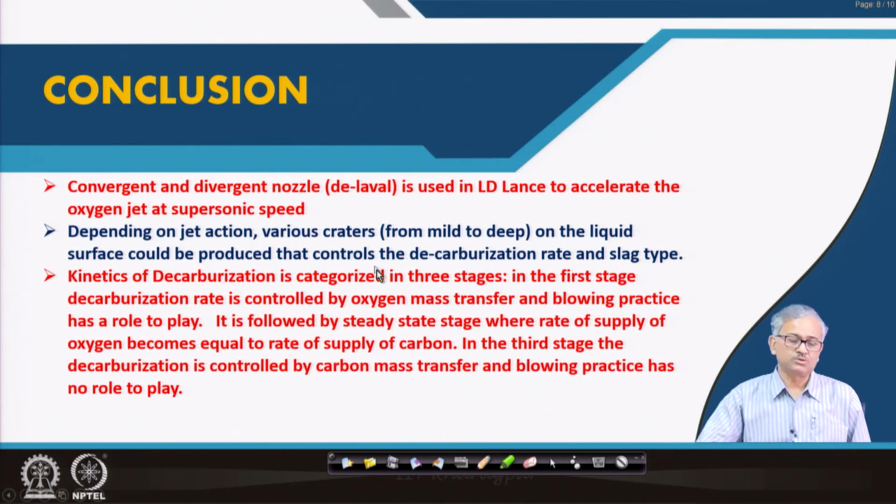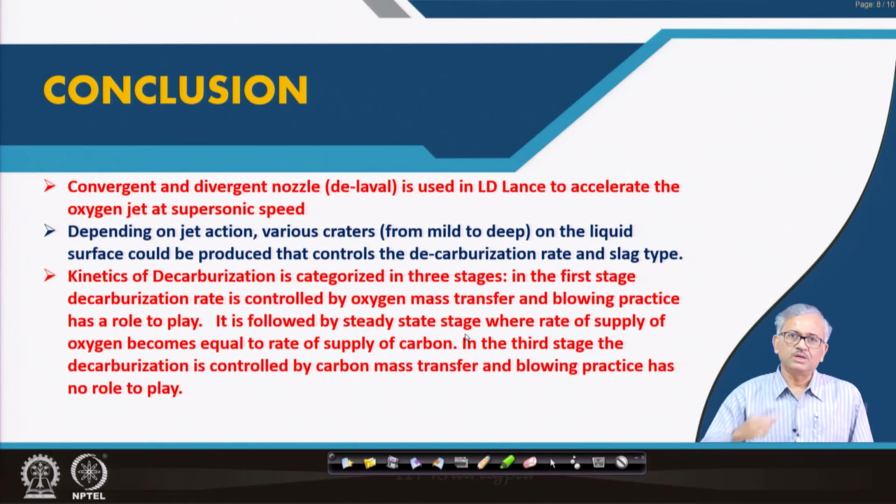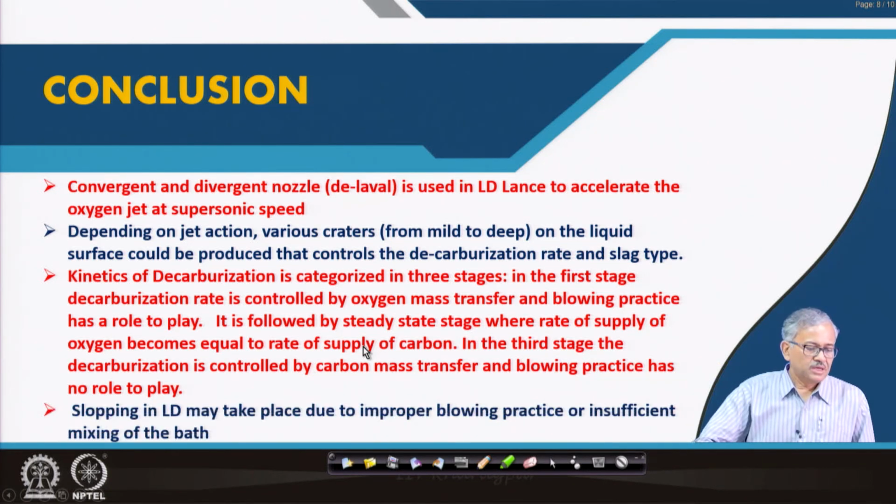So blowing practice has a role to play. It is followed by a steady state decarburization rate, when the rate of supply and consumption of oxygen become equal. And in the third stage, it is the mass transport of carbon that basically controls the overall decarburization rate, right?